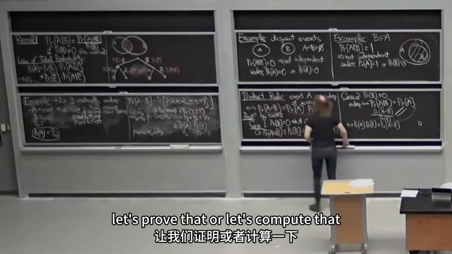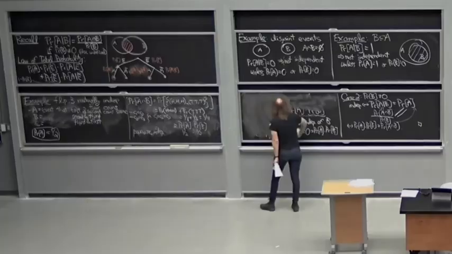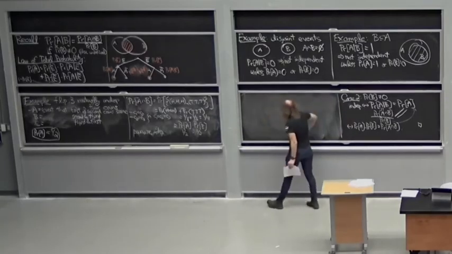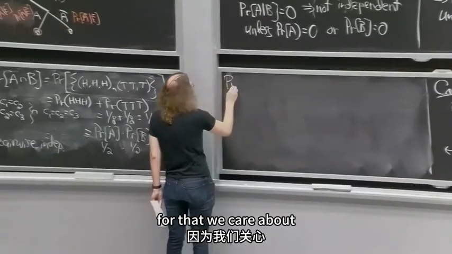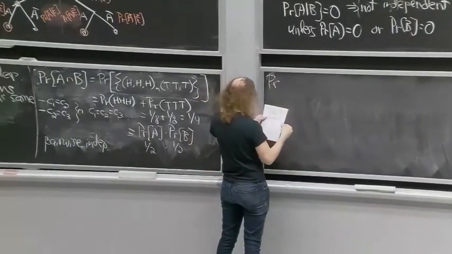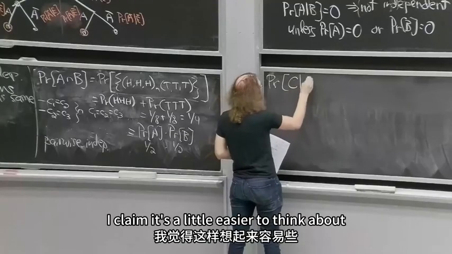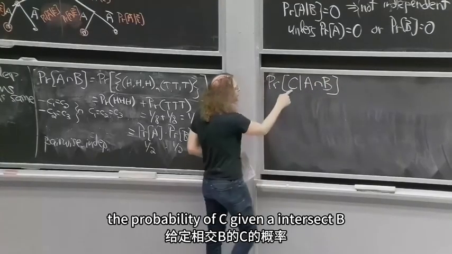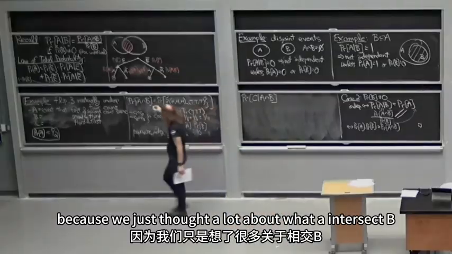Let's prove that, or let's compute that. For that, we could do a probability of intersection. I claim it's a little easier to think about the probability of C given A intersect B, because we just thought a lot about what A intersect B means.